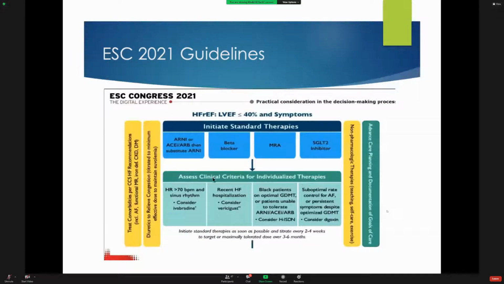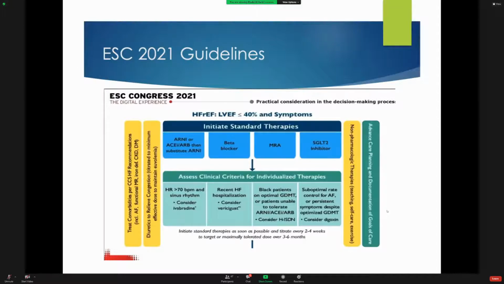Okay, so here I think also I will add this one here. So ACE or ARNI, beta blocker and SGLT2 inhibitor. And then assess, and then you will go for individualized therapy. If the heart rate, you will check other things, if the patient is black, or if the patient has atrial fibrillation.